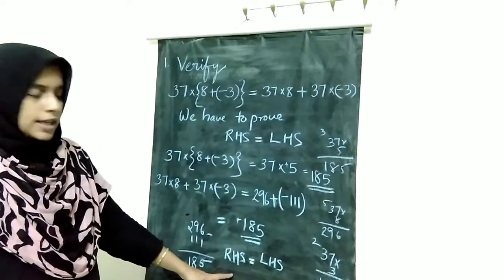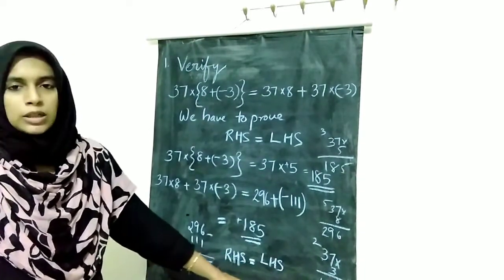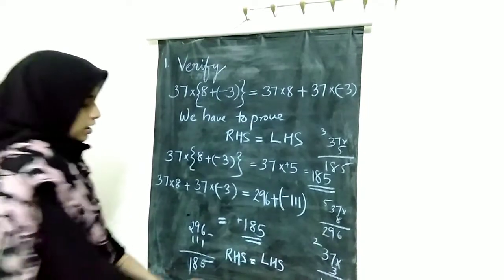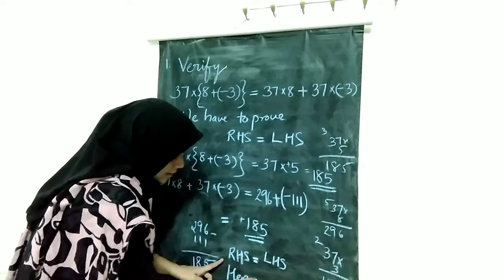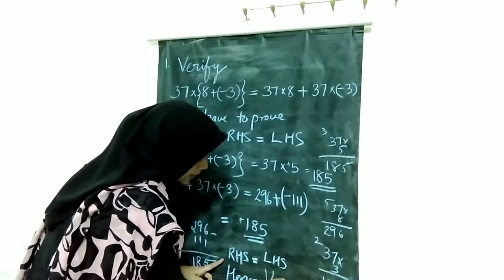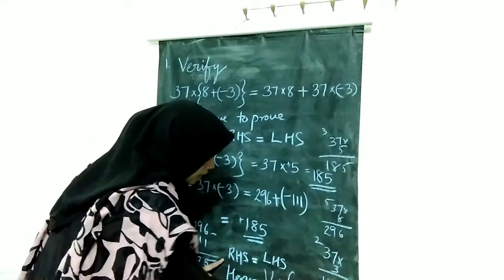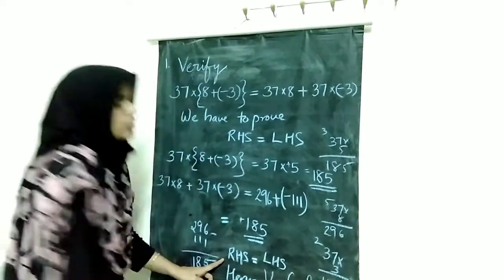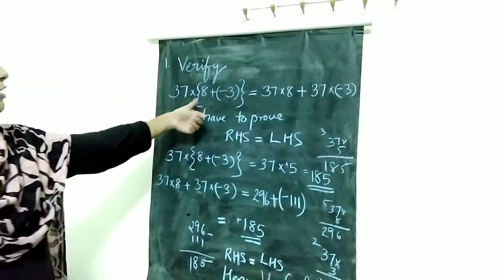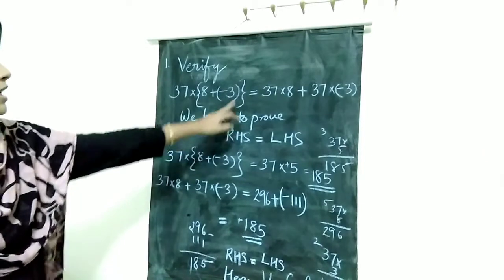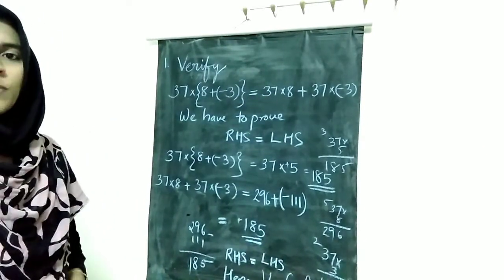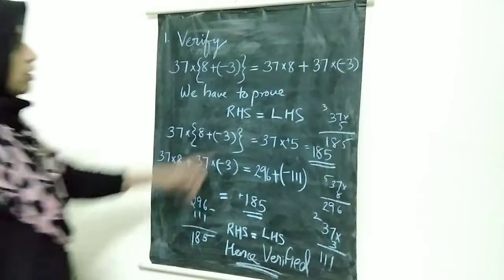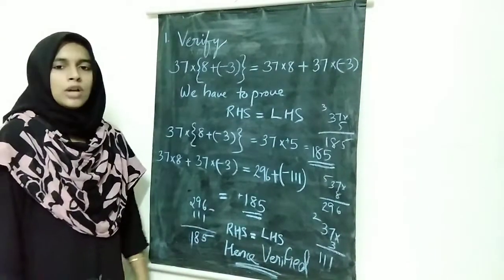What is the meaning of that? Right hand side is equal to left hand side. Therefore, last you have to write hence verified. Hence verified. What we have verified here? We have verified that 37 into 8 plus minus 3 is equal to 37 into 8 plus 37 into minus 3. So, all of you write this in your notebook.